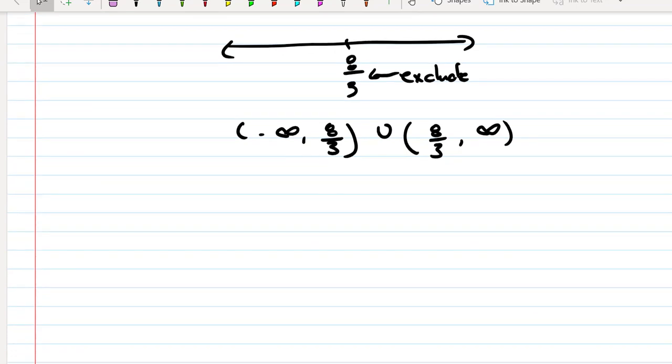All right. So now we need another definition.